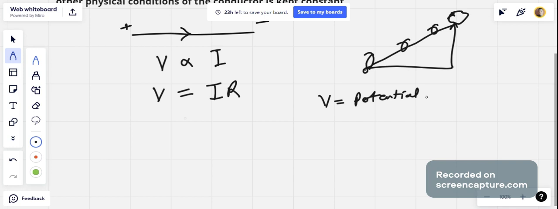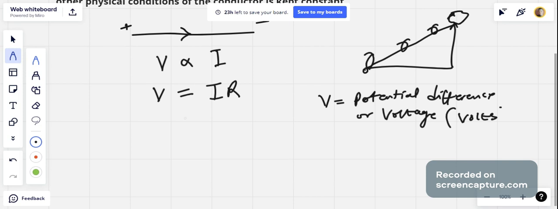Potential difference, or you call it voltage. And the unit for potential difference or voltage is the volt.